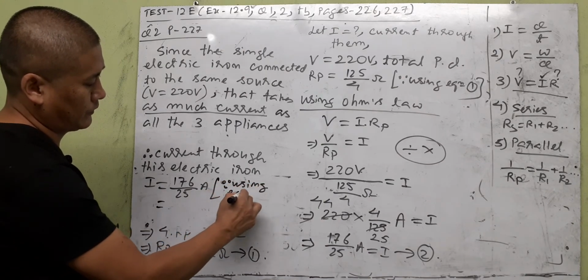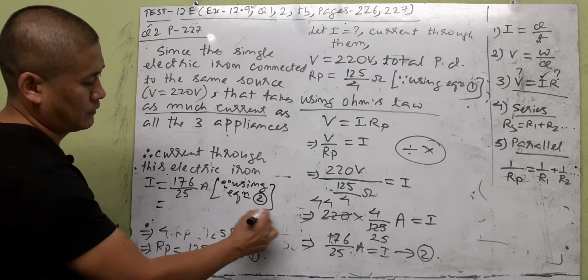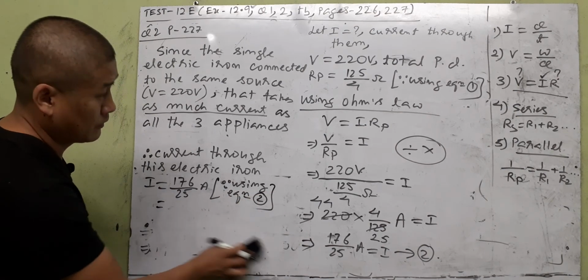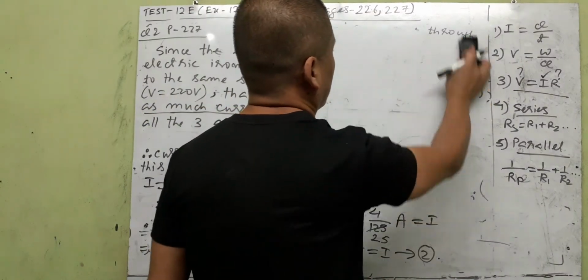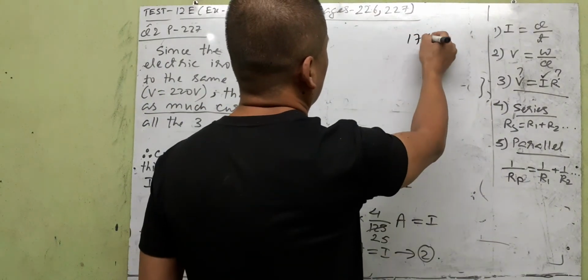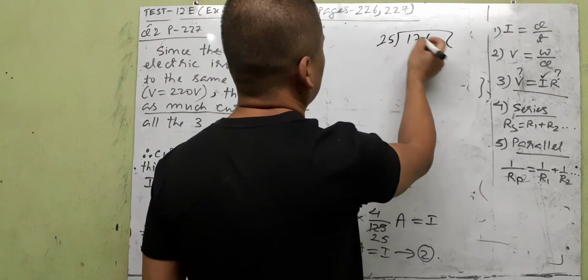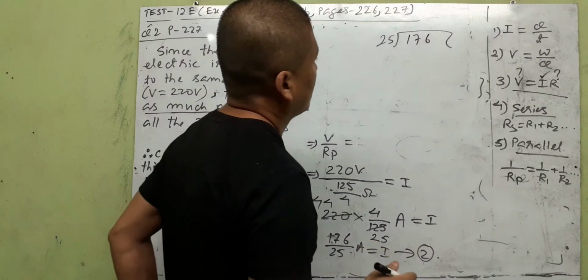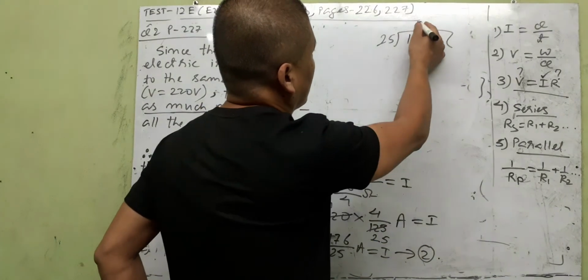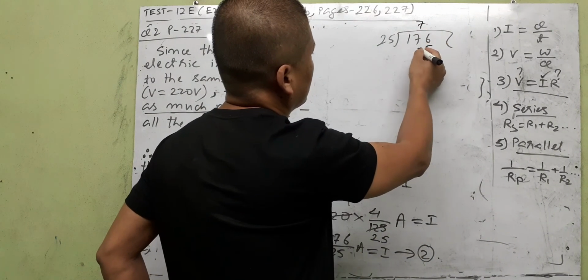Using equation number 2, I will divide this. So let us divide 176 by 25. 7 5s are 35, 7 2s are 14.